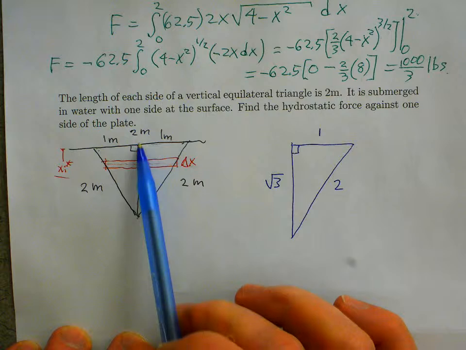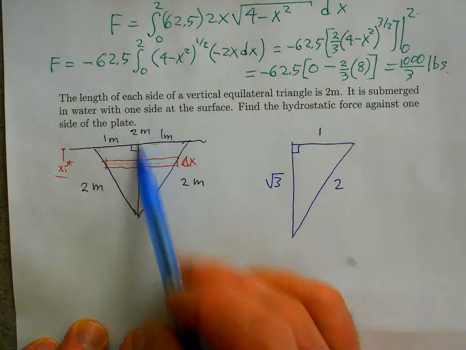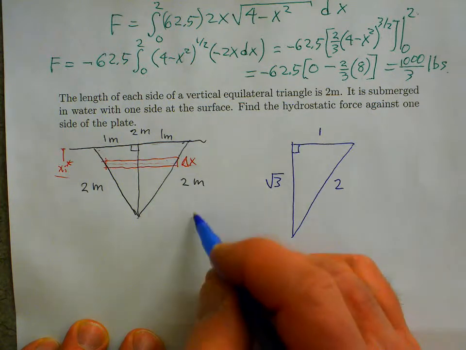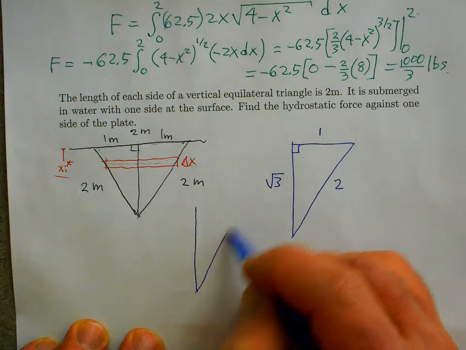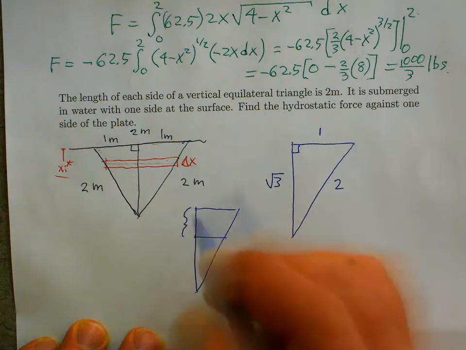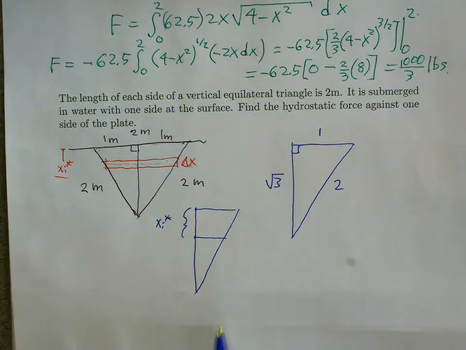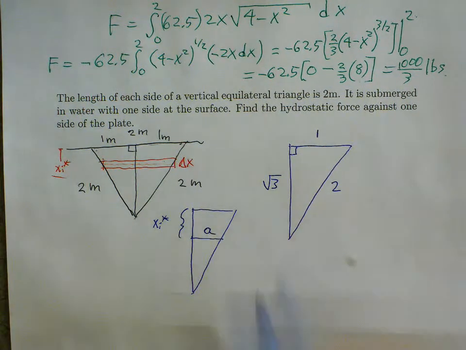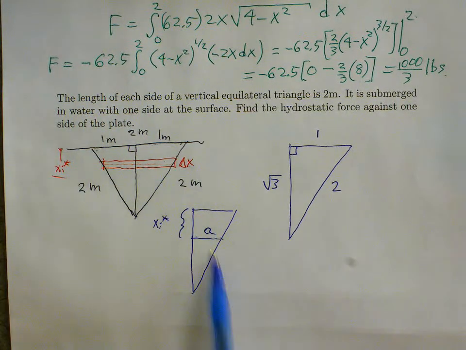Okay, so if we look at what happens when we're at a depth of x sub i star, so this is x sub i star, and we want to know what the value of a is. That will be 1/2 the length of that rectangle. And we have to use the small triangle here on the right.